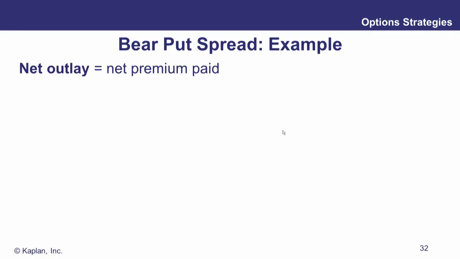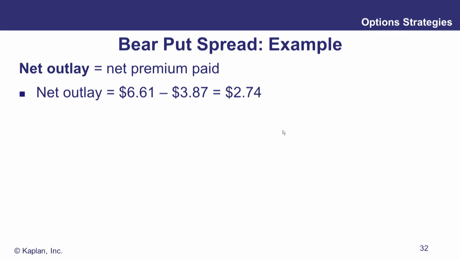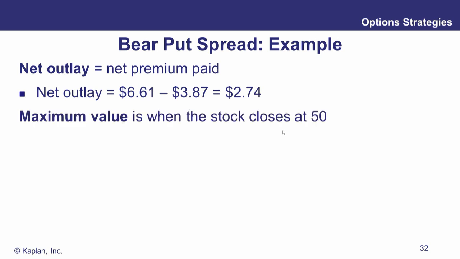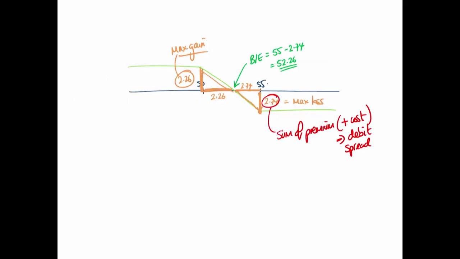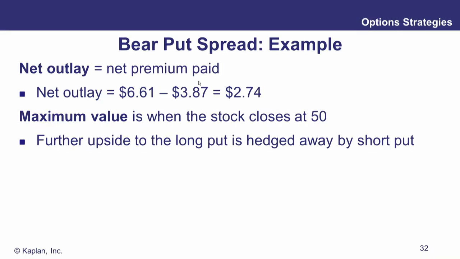Just like when you buy an option on its own, it can't get any worse than what you pay for it at the start. It's the same with these spreads. Okay, so we'll see that the slides here are going to be agreeing with our diagrammatical analysis. Net outlay of 274, that's the sum of the premiums again. Maximum value is when the stock closes at 50. Yep, that's when we get the most upside, that's for sure.